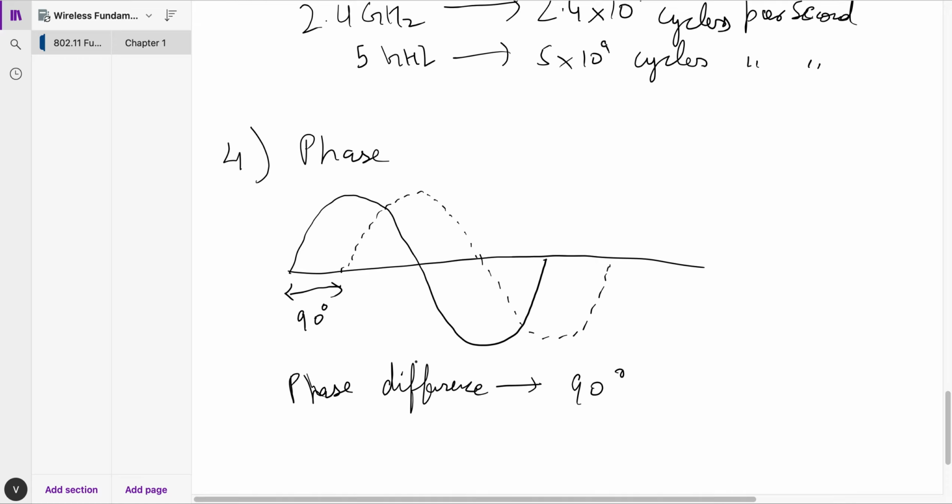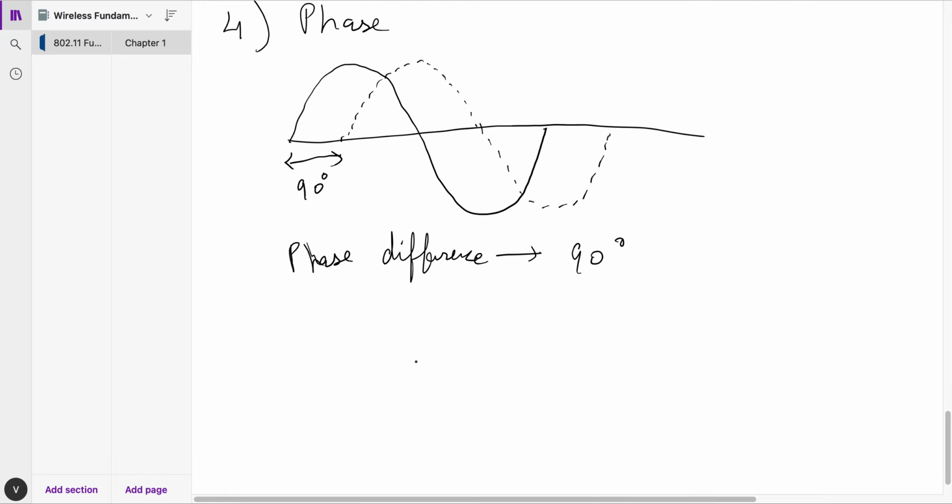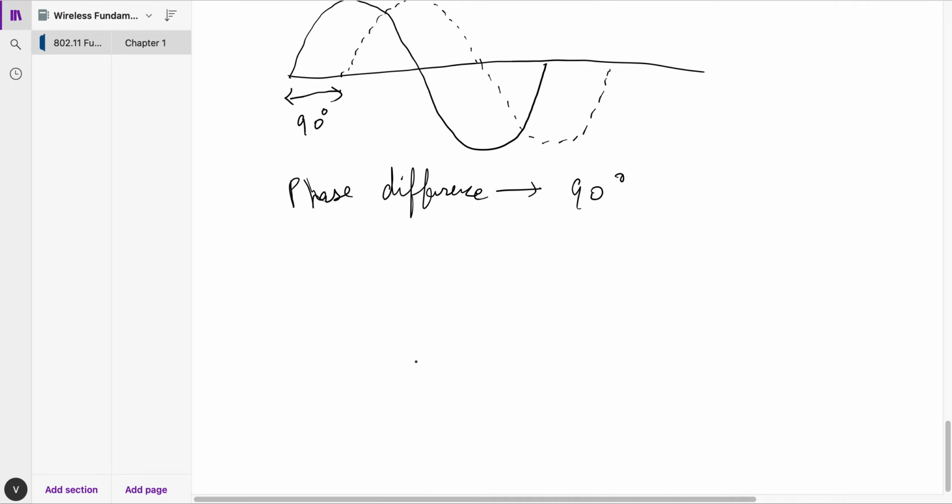So that's the concept of phase. These three or four characteristics you need to know about a radio wave, because these concepts will be used in the future videos as well for you to get more insights around how an AP or a client communicates, and what is multipath, how these things come in handy for multiple other concepts in the coming videos.